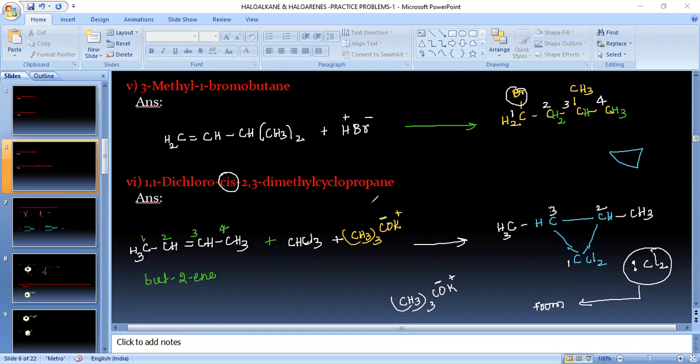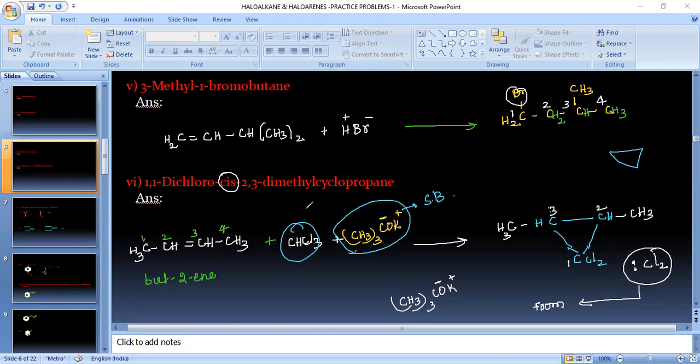Okay, so this compound can behave as that strong base. This compound can behave as what? Strong base. So whenever the strong base reacts with that chloroform, then we will get that dichlorocarbene.